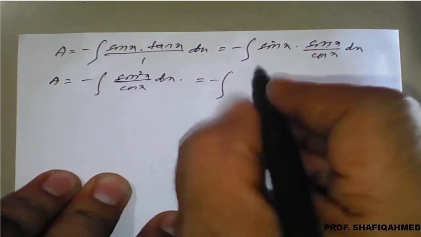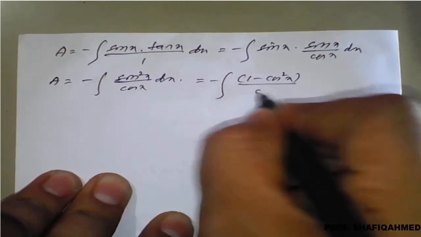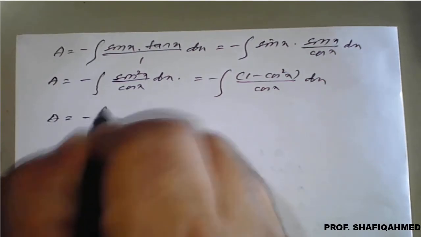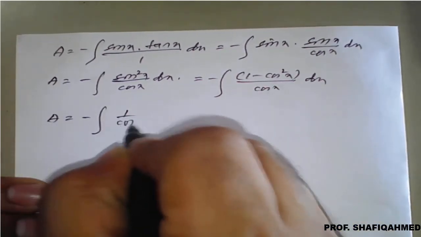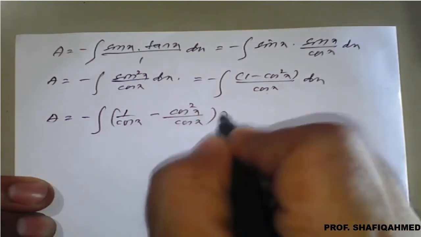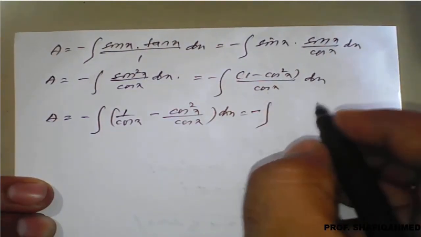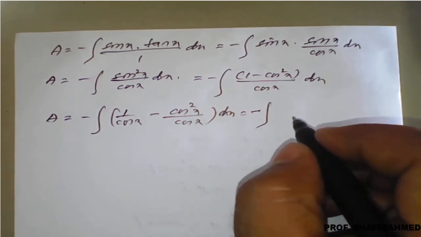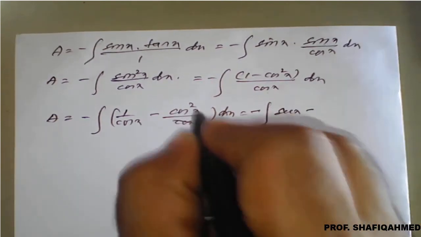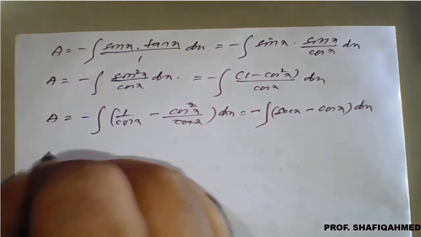As per the identity, sin square is 1 minus cos square x, divided by cos x into dx. We'll separate it as minus integration of 1 upon cos x minus cos square x upon cos x into dx. So this is minus integration of 1 upon cos x, which is secant x, minus, so one cos cancels, cos x is left, into dx.